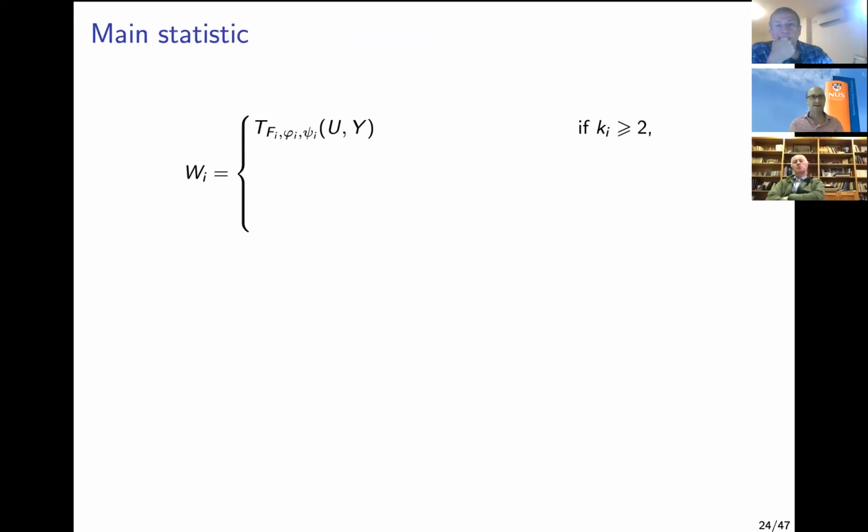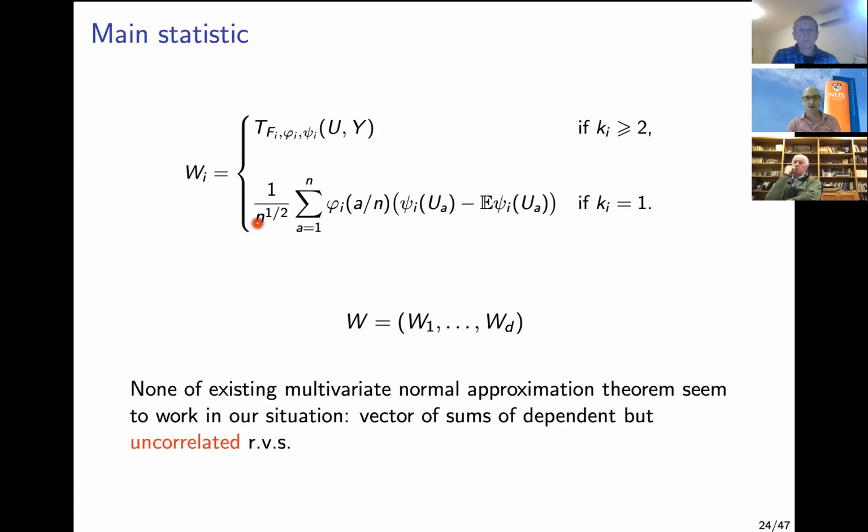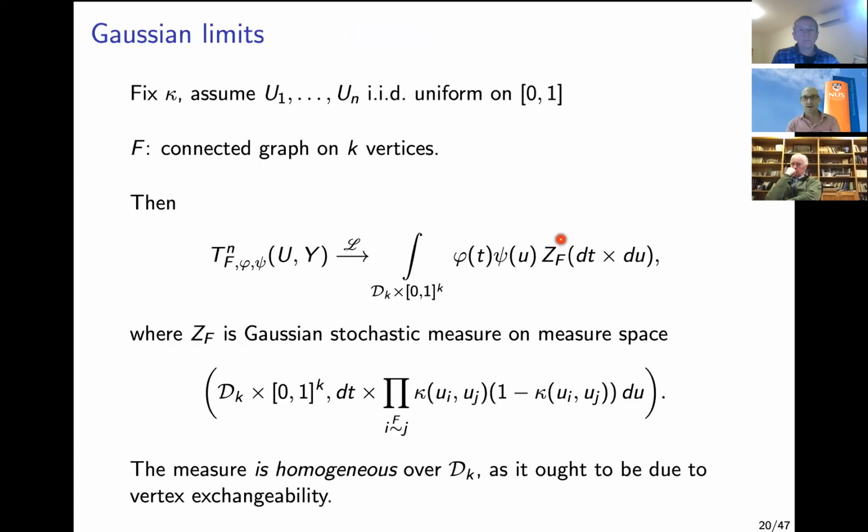So what's the main statistic that we're looking at? We're proving a multivariate normal approximation theorem, and here's our main statistic. These are centered subgraphs, called centered weighted subgraph statistics, when the Fi have 2 or more vertices. In the one vertex case, let me quickly go back to this here.